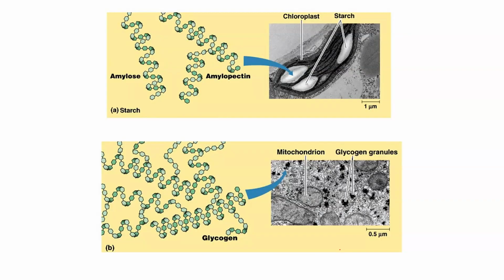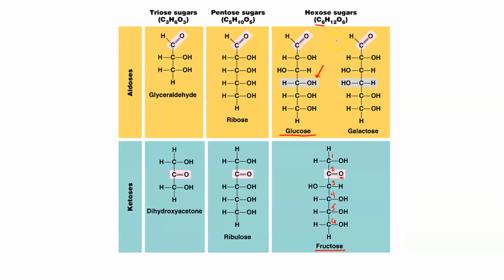Now, the other thing we start getting into, as I mentioned, is energy storage. That's what these molecules end up doing. If you notice over here, this is my glucose molecule.